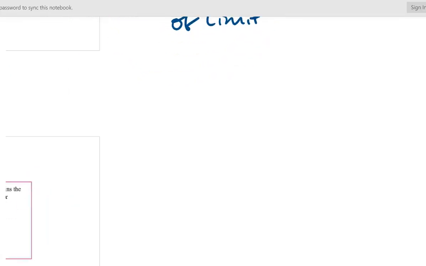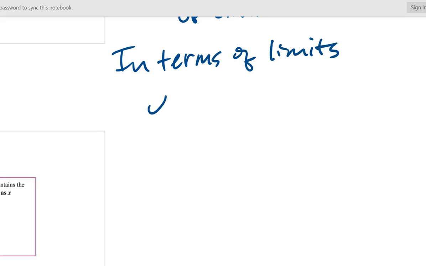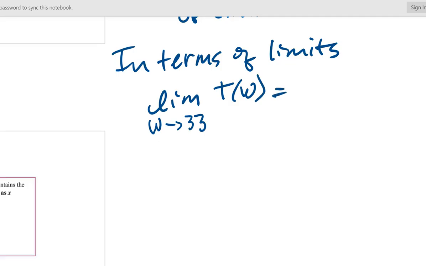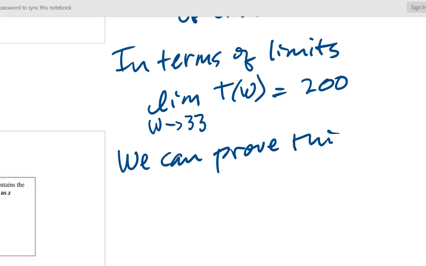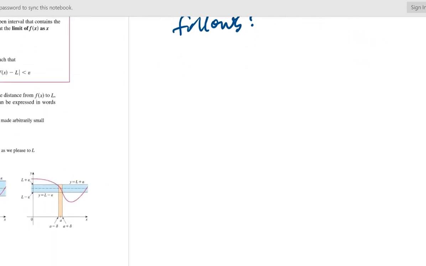So in terms of limits, we have the following: the limit as w goes to 33 of t of w is going to be 200. We can prove this as follows. I'm going to draw the graph again.